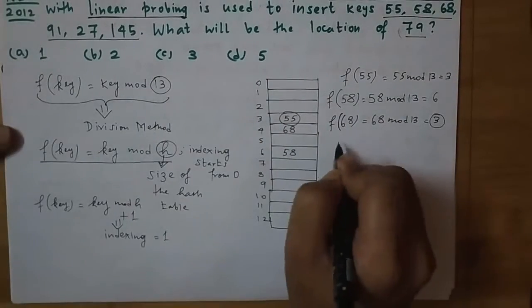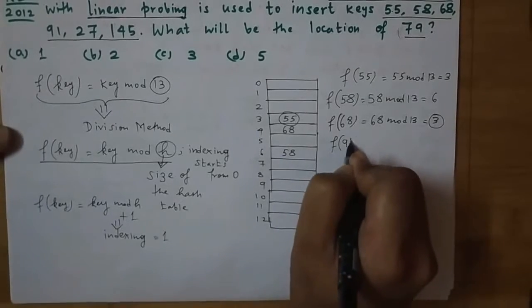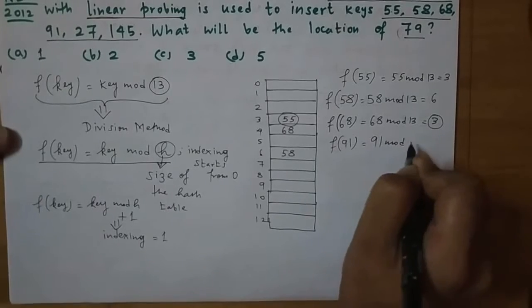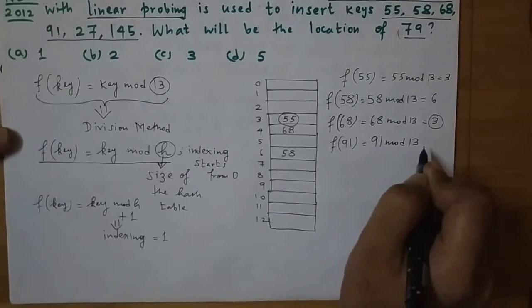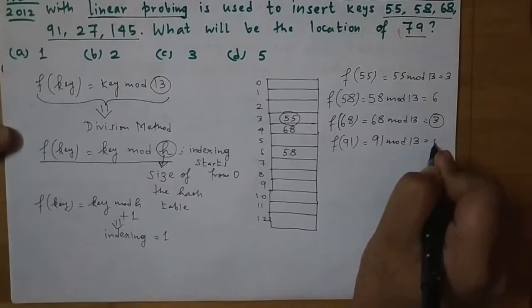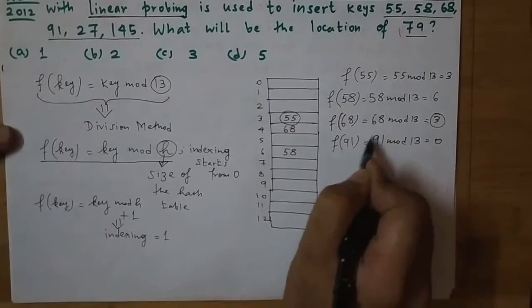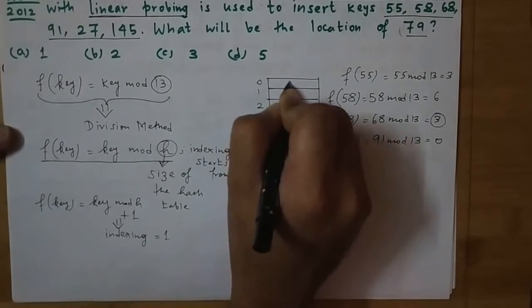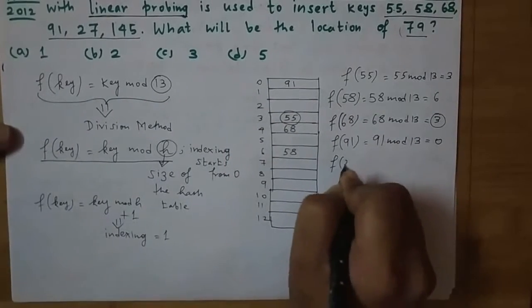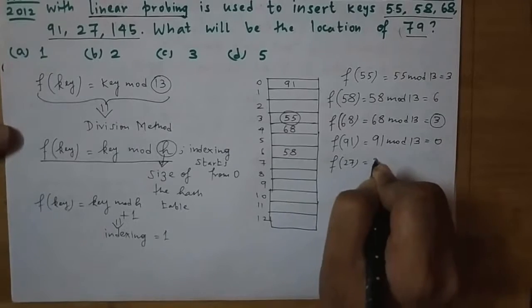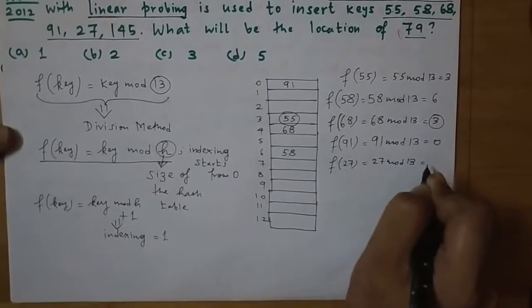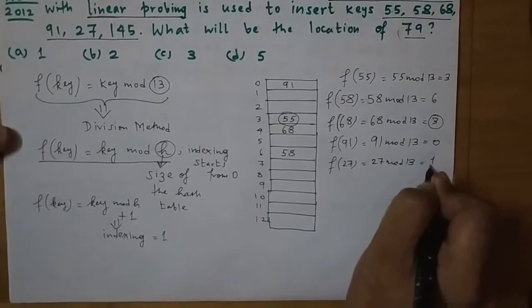Next we have 91. f of 91 will be 91 mod 13. 13 goes into 91 7 times and leaves a remainder of 0. As a result, 91 will be mapped to index 0. Next we have 27. 27 mod 13 will give us a remainder of 1.